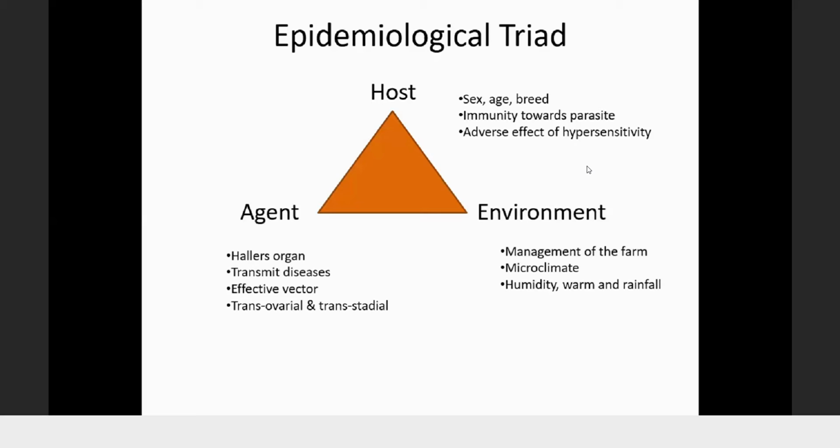And then for environment, the management of the farm is really important, as well as management of pet animals in the case of small animals. And then microclimate is also important for ticks. Ticks depend very much on their microclimate. And then humidity, warmth, and rainfall also play an important role as environmental factors.